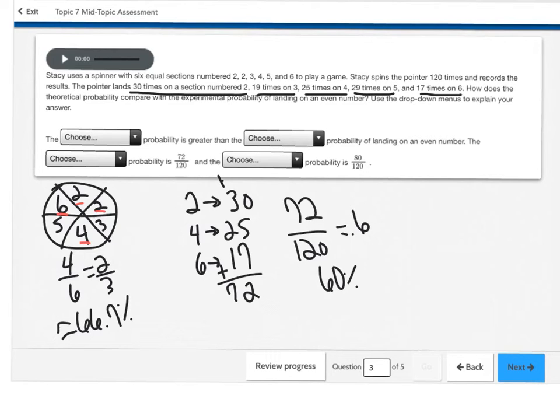I didn't actually work that part out, but if you wanted to, out of 120 that'd be times 40, and 2 times 40 is 80. Otherwise, from the percents, you should be able to tell which one has a greater or less chance as well.